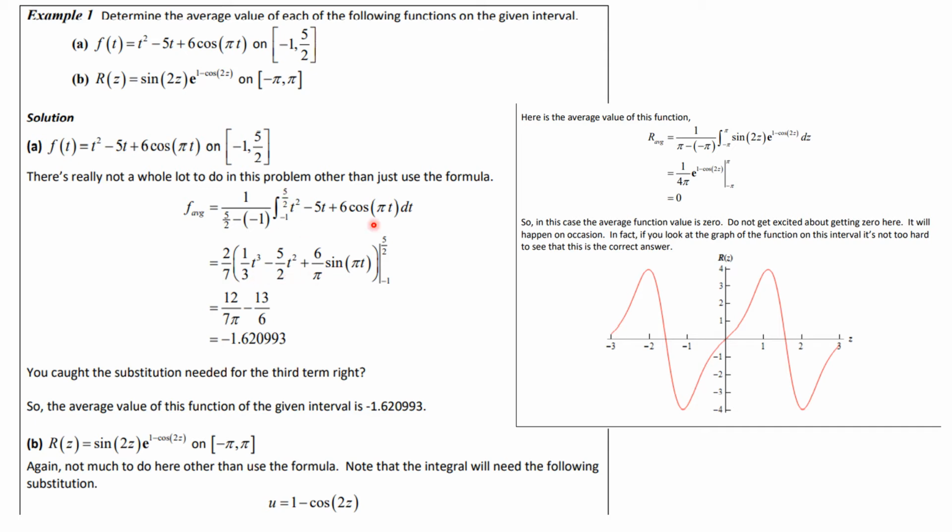And here I take note of the fact I have to do a u substitution: the integral of the cosine is the sine, but I pick up this factor of 6 over pi in the denominator. And then I do the fundamental theorem of calculus. I substitute these values in and subtract them. And this is the actual exact answer, which I will be looking for. And so this is 12 over 7 pi minus 13 over 6.